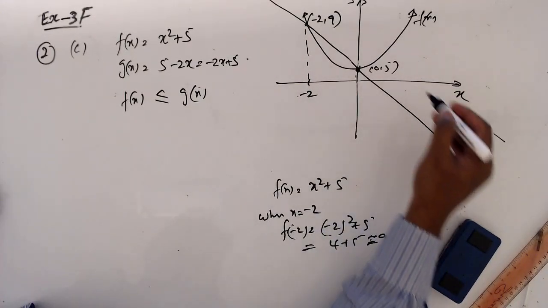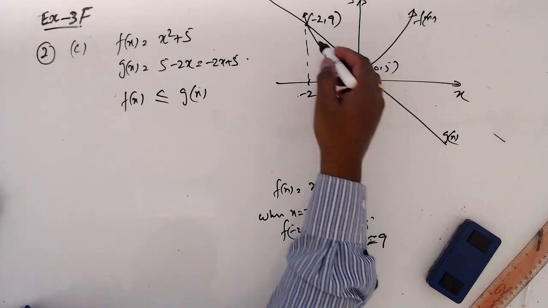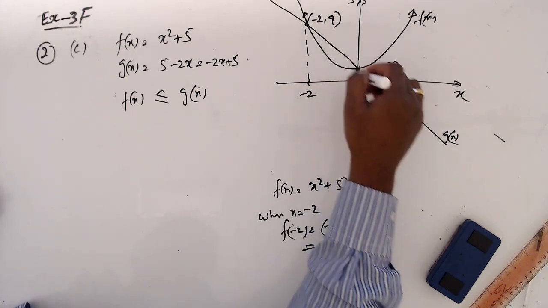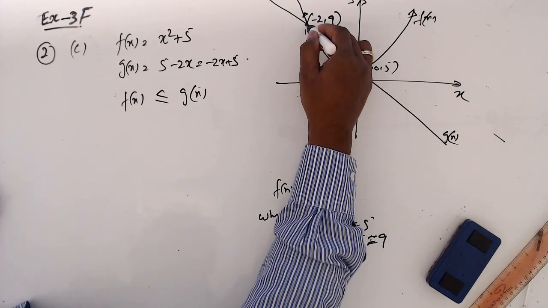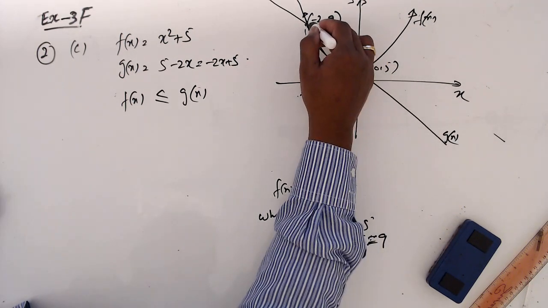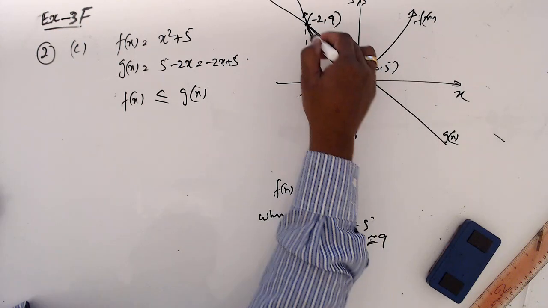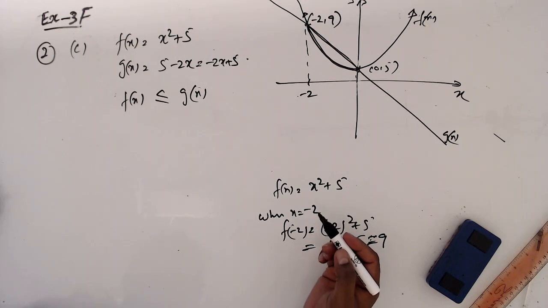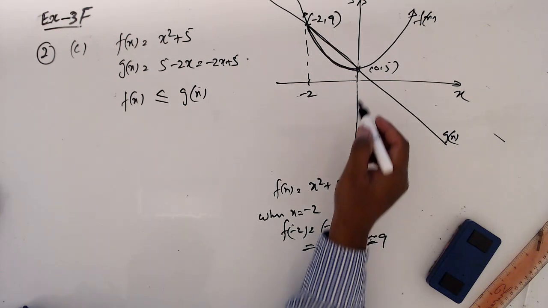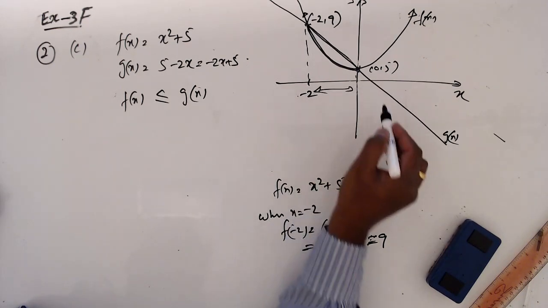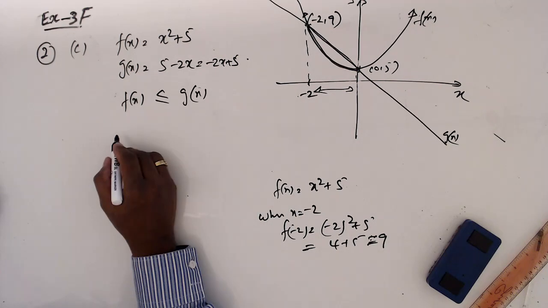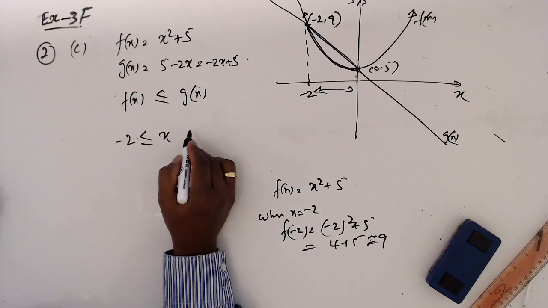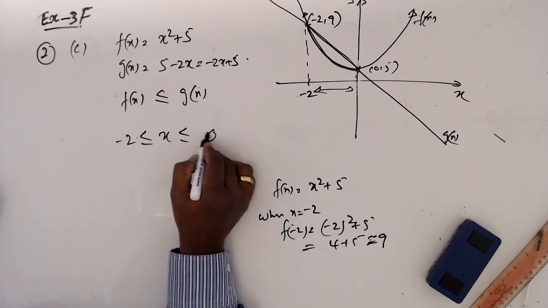So this is f(x), this is g(x). f(x) is on top, this is g(x). So minus 2 to 0. So the relevant answer is minus 2 less than or equal to x less than or equal to 0.